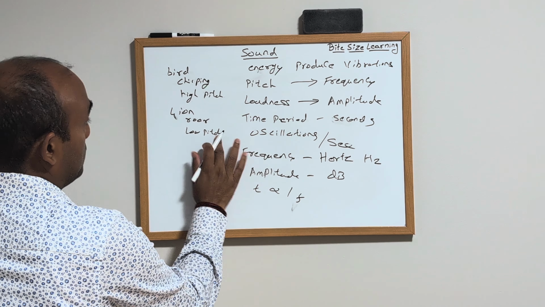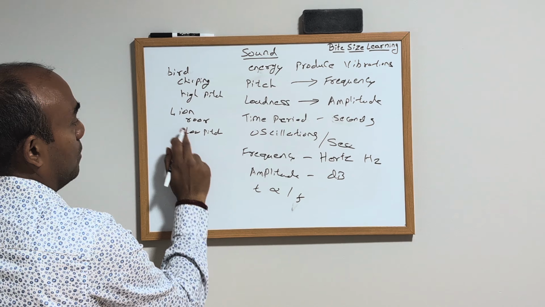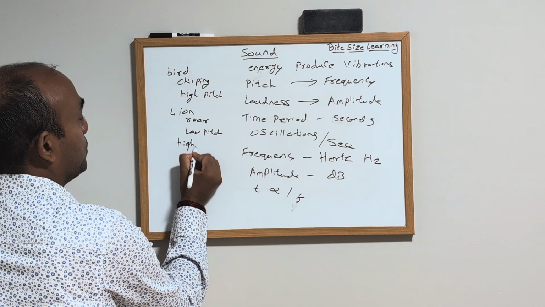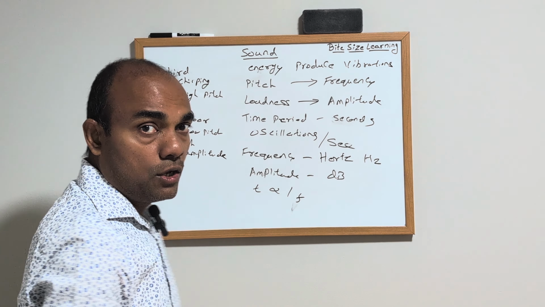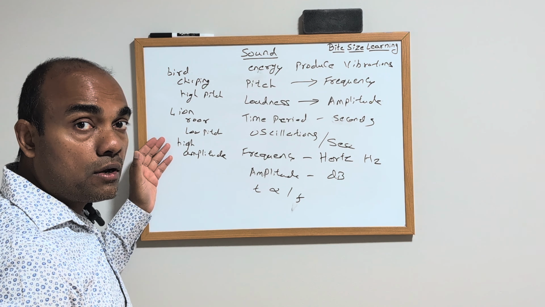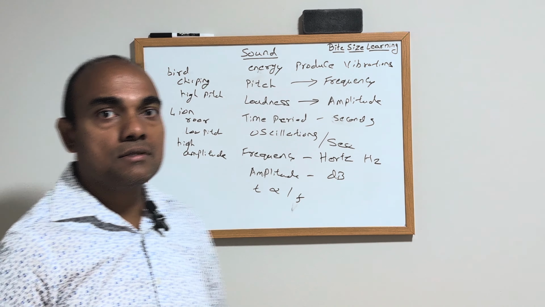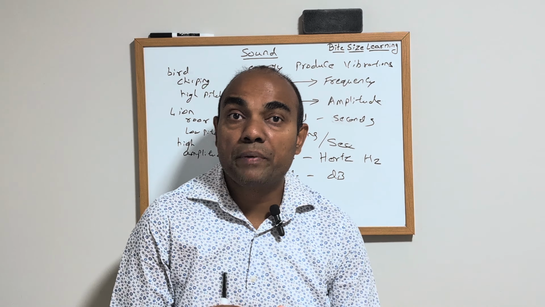Even though the lion's roar is a low pitch sound, it has a high amplitude. That's why you feel that the lion's roar is a loud sound while the bird chirping is a feeble sound. So this is an example to understand pitch and loudness.